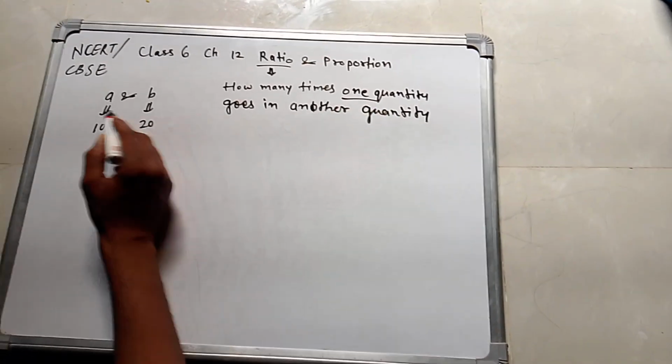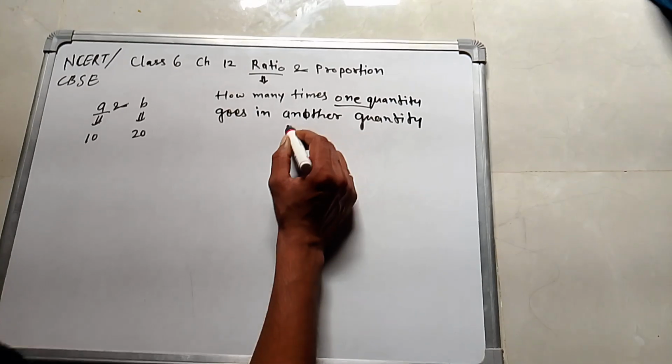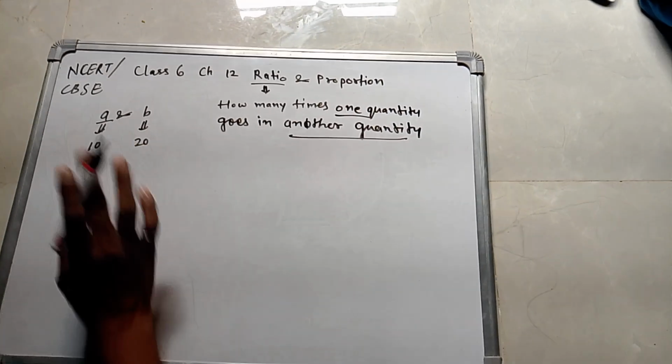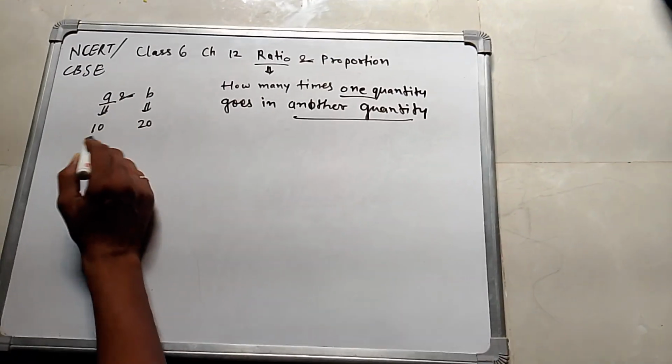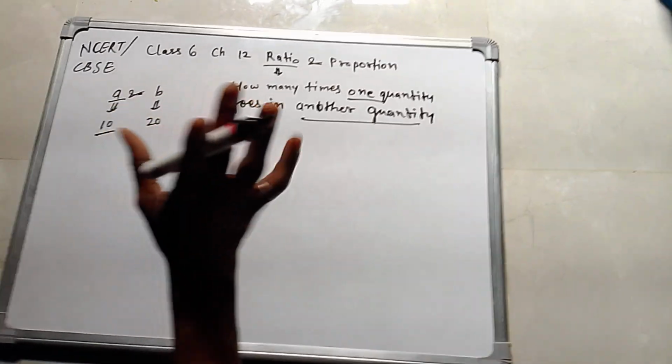One quantity, suppose A, and another quantity, suppose B. If A value is 10, B value is 20.